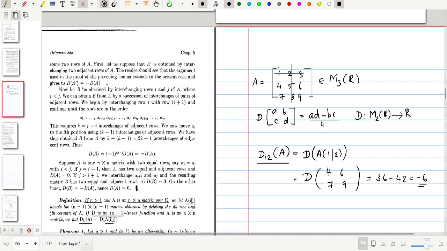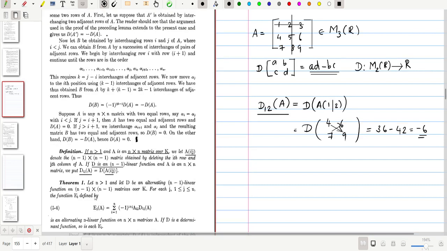I have defined D in this manner, AD minus BC, so that is 9 fours minus 6 sevens. So that will be minus 6. So this is the illustration of this definition. Now we will prove theorem 1.